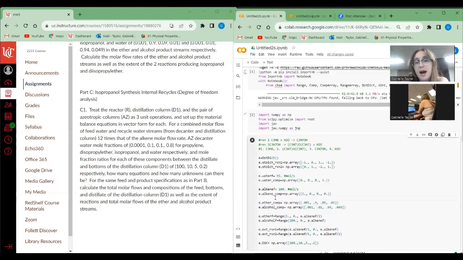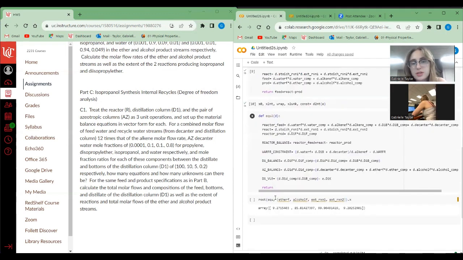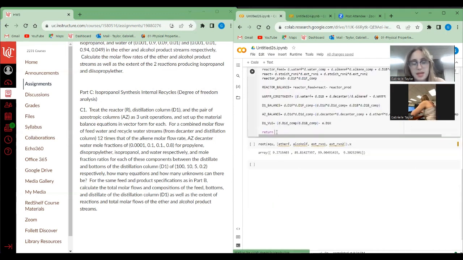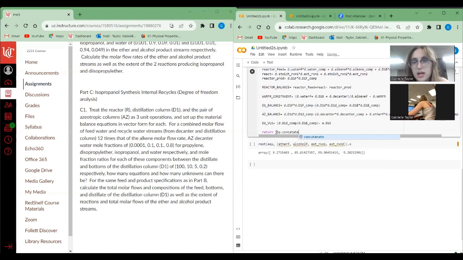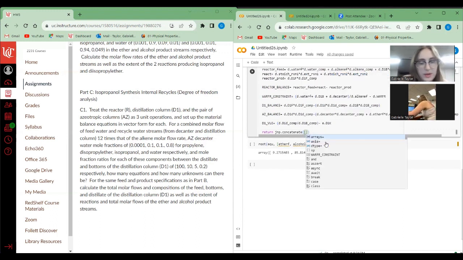So let's go down here again. Instead of using np, we're going to use jnp, and this is going to be concatenate. And we're going to do a big flow. The first thing that we need is our reactor balance.